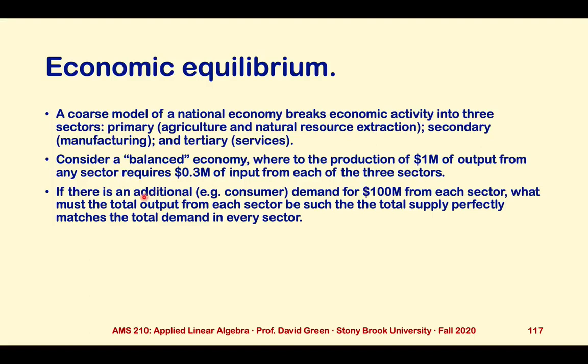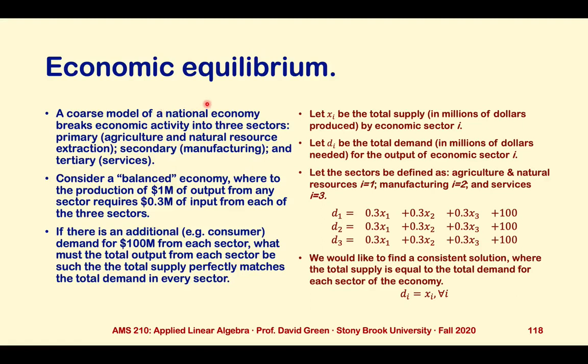That is, what production levels from each sector would give a balance, an equilibrium in the economy where supply and demand are equal? Okay. Our first step is to cast this word problem into a mathematical model.